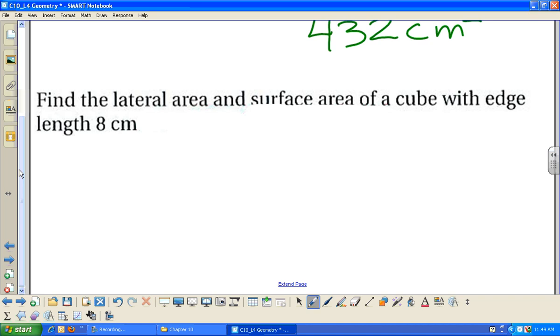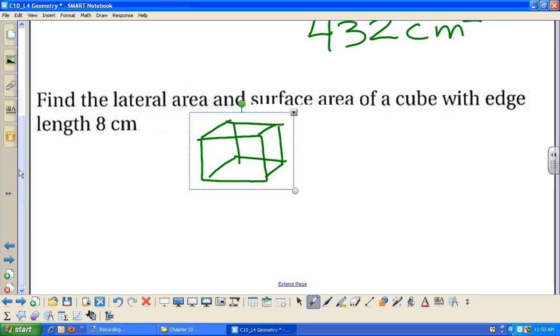Find the lateral area and surface area of a cube with edge length 8 centimeters. Lateral area would be, if I were to draw a cube here, all the side faces of the cube, so not including the bottom and top base. If I find the area of one face, that would be 8 times 8, which is equal to 64.